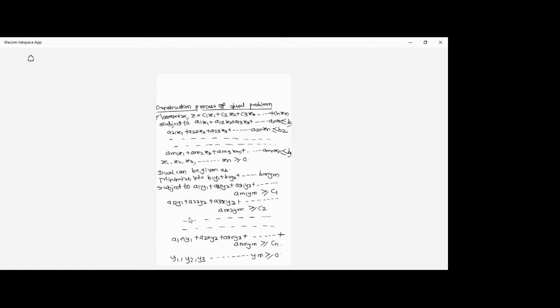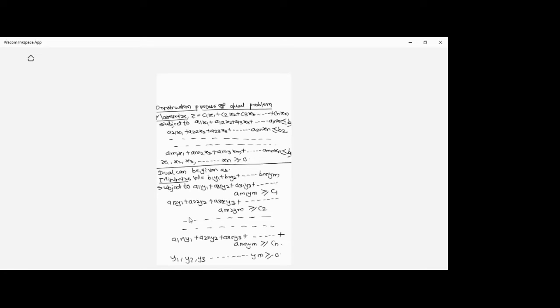Now I'll draw a line here, and let's compare this. You can see the maximization is turning into a minimization problem, and vice versa. If your original problem is a maximization problem, then your dual will be a minimization problem, or if your original problem is a minimization problem, your dual will be a maximization problem.